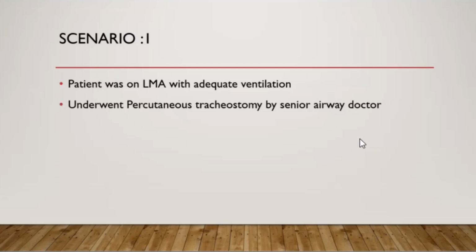Follow the plan, and if the plan fails, have a second plan, like plan B or plan C. So we followed the guidelines. We tried to intubate with 2 attempts. It failed. Then we went for a supraglottic airway device. We could maintain the airway. Then, because we needed a definitive airway, we went ahead with percutaneous tracheostomy.